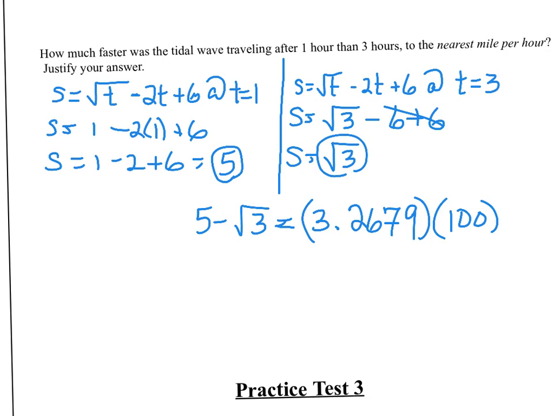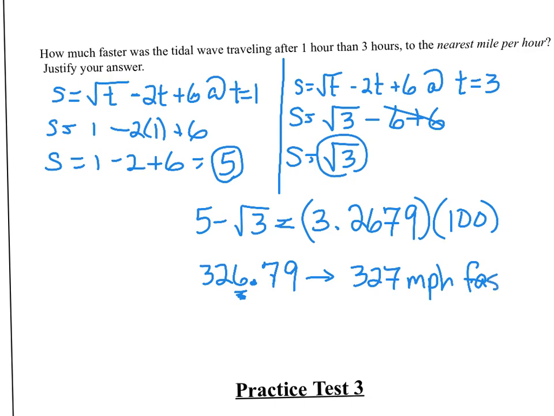So that's going to give me 326.79, right? Now, it says to the nearest mile per hour. So nearest mile per hour would be the ones place. So then if we round that, that's going to round to 327 miles per hour faster at time 1. There you go.